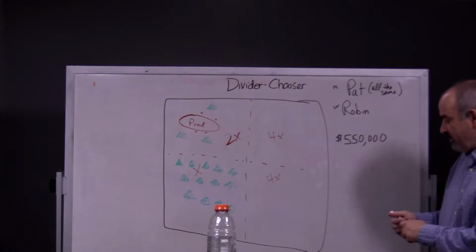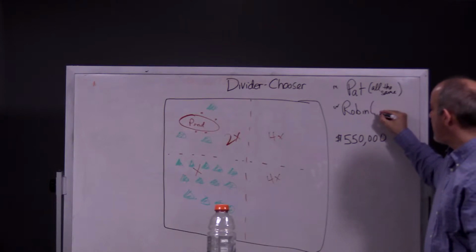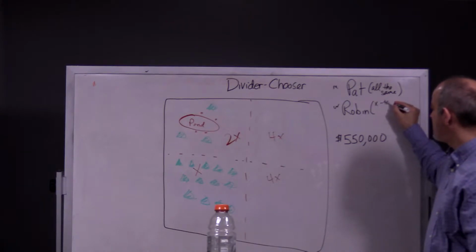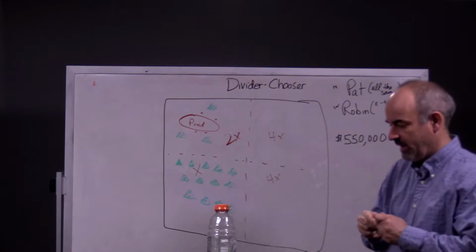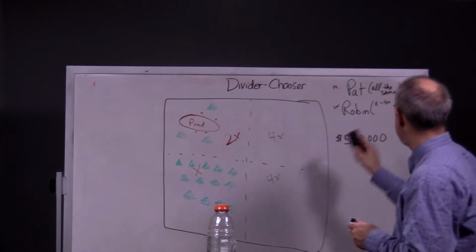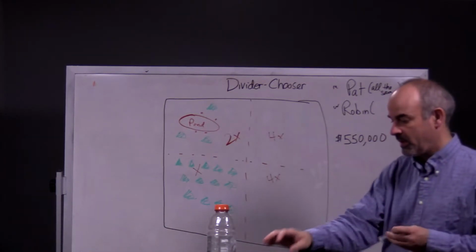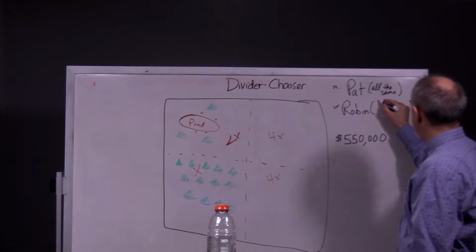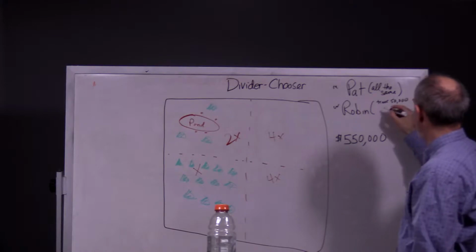I'll let Robin be the divider. We figured out how much all this is worth. The trees part is worth 50,000. The pond is worth 100.